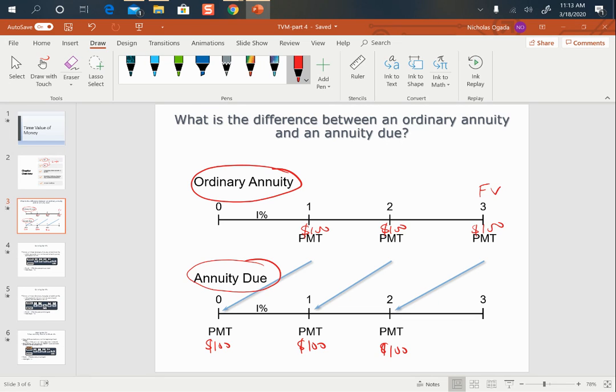In either case, the question we're trying to answer is how we determine the future value of this series of payments. The same applies to an annuity due: we ask what the future value will be for this set of payments.